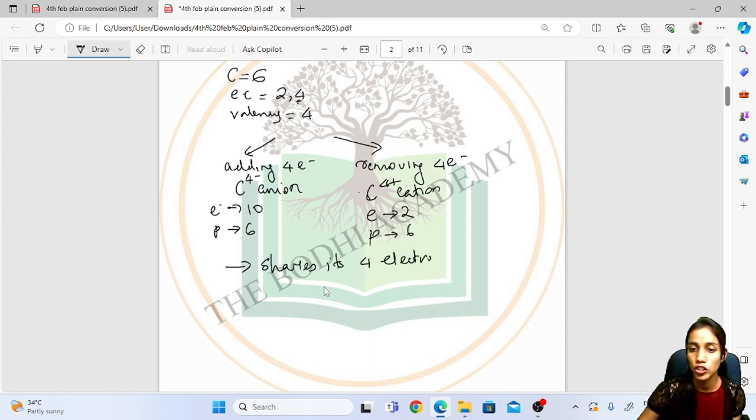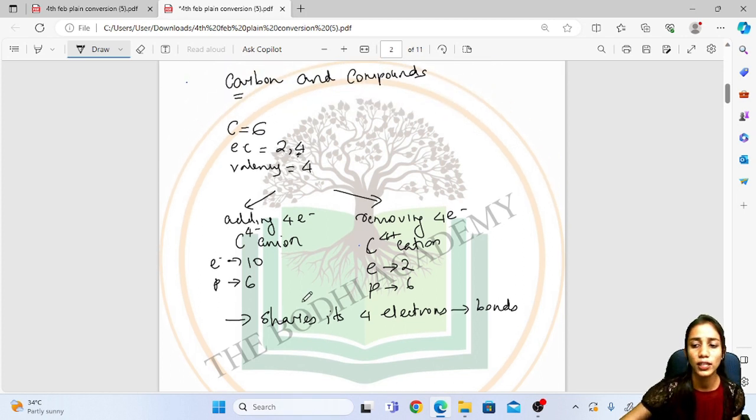It forms covalent bonds with atoms of carbon or with atoms of other monovalent elements, meaning elements with valency 1. They will take up the 4 electrons one by one from the carbon, sharing the electrons with carbon.